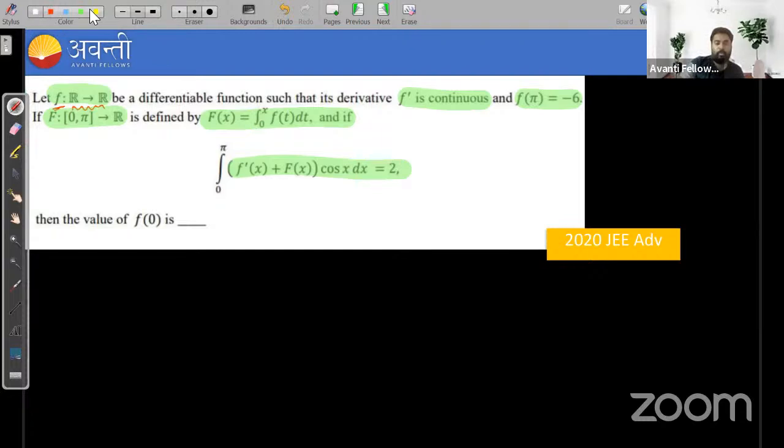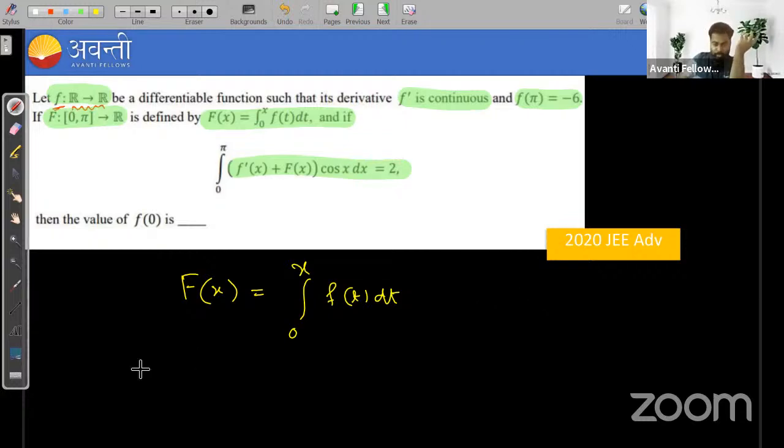Okay. In the question it is given that capital F of x is defined as the integral from 0 to x of f of t dt, right? And we know the Leibniz theorem.